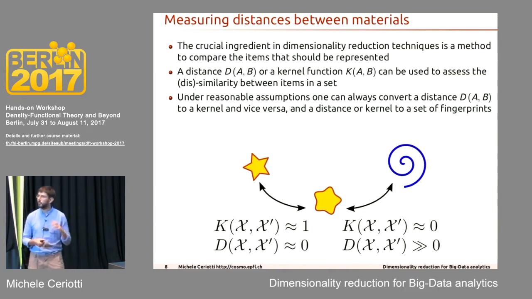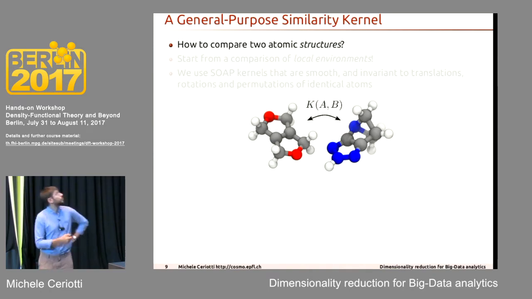This is not something that I'm going to discuss in much detail, but it's basically the mathematical foundation of all of these machine learning schemes that are based on kernels. So how do you define a kernel function that can compare two structures?